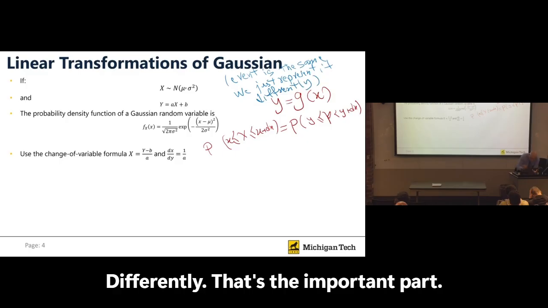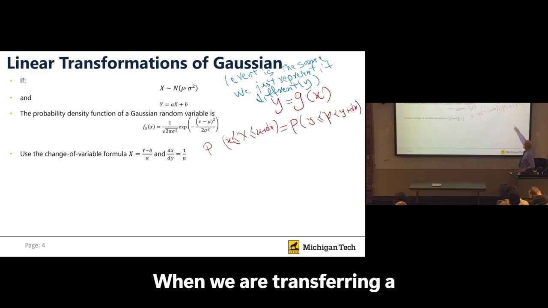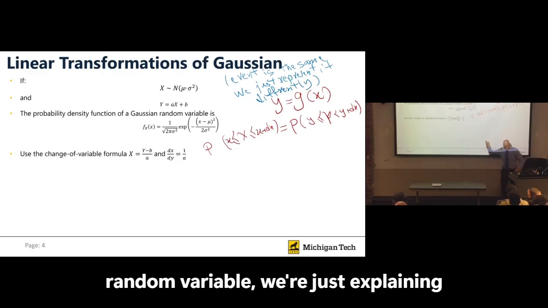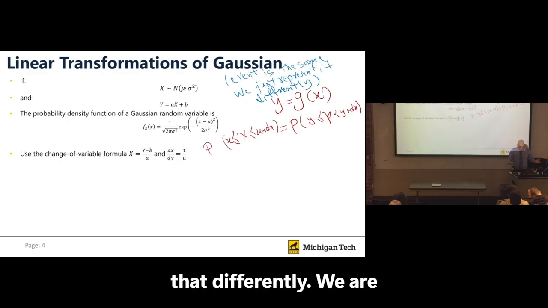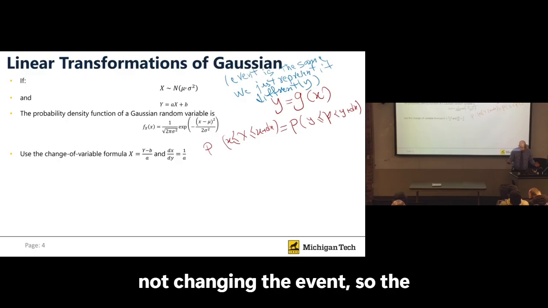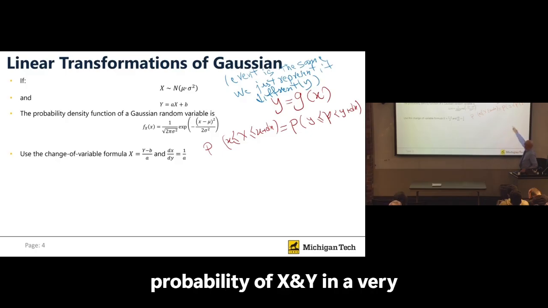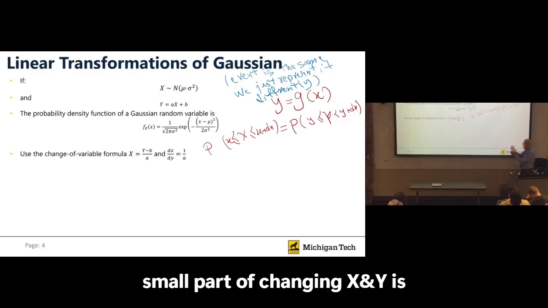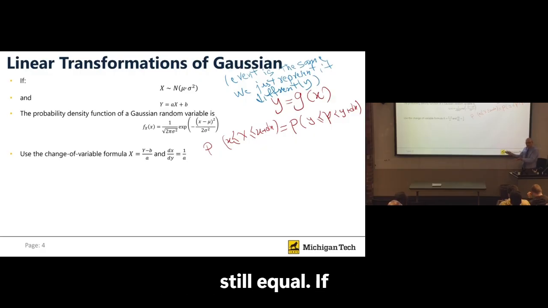That's the important part. When we are transforming a random variable, we are just explaining it differently. We are not changing the event, so the probability of X and Y in a very small part is still equal.